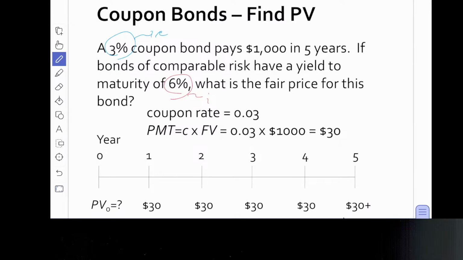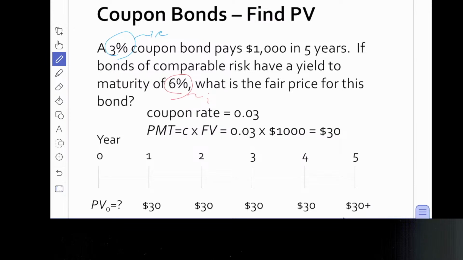So anyway, there are risks that have to be considered, and this is what they want. They want 6% to invest in this bond. Investors feel that way. So that's the interest rate or the yield to maturity.